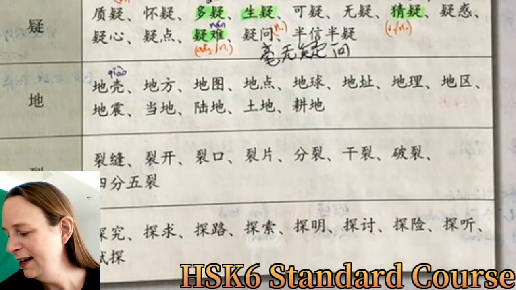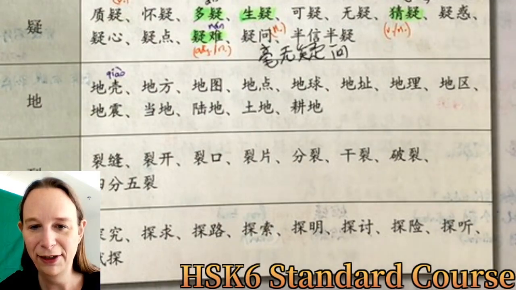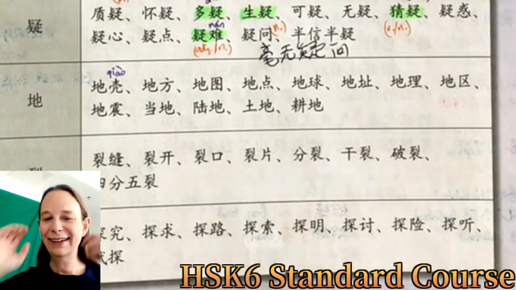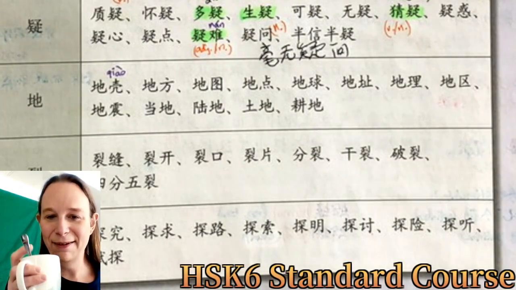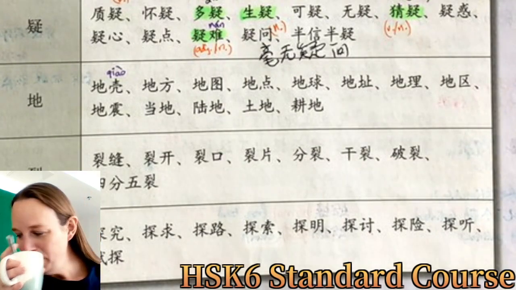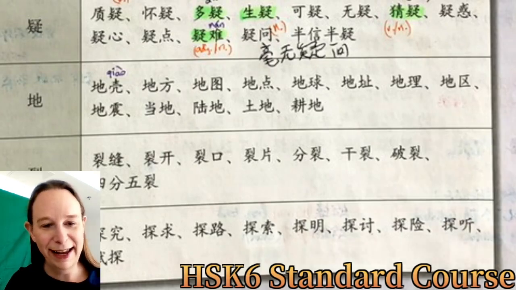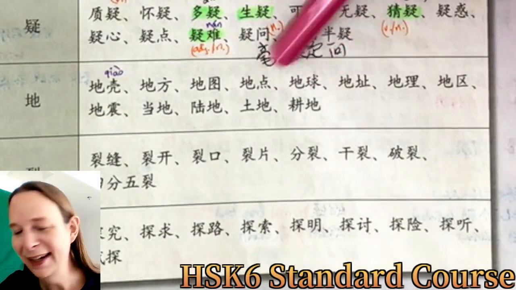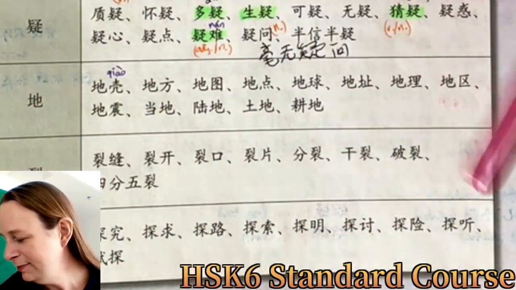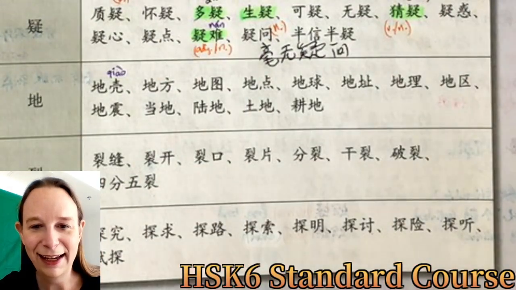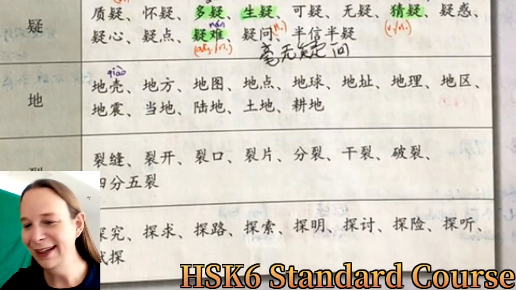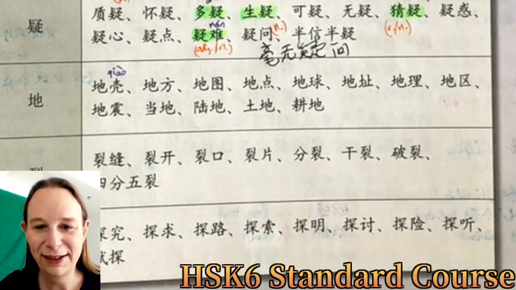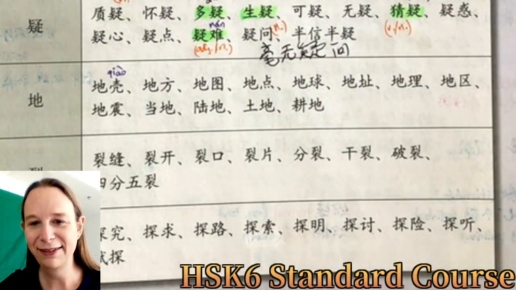That's not especially hard. 地球, the earth. You can see the spherical nature of the earth is embedded inside this word. 地球, like dirt ball or land ball. 地址 is your address. I feel like these are really easy.